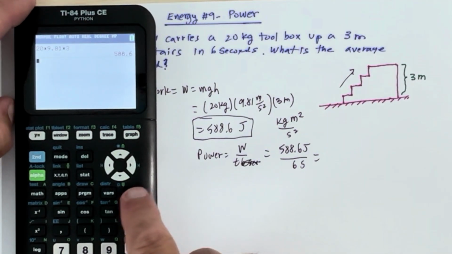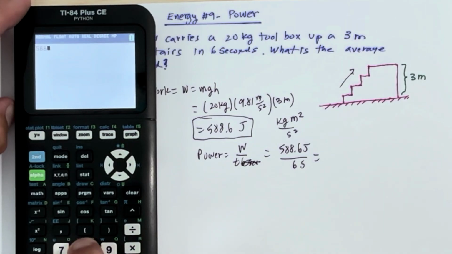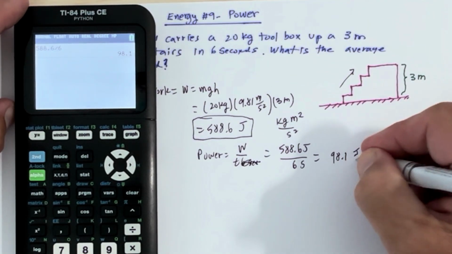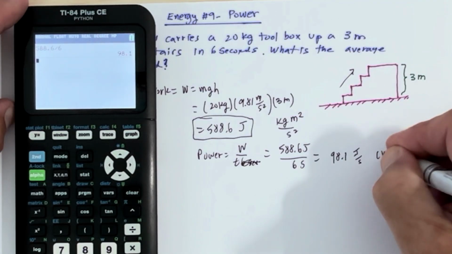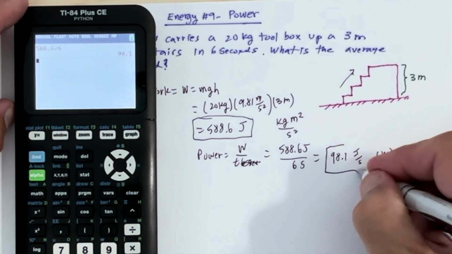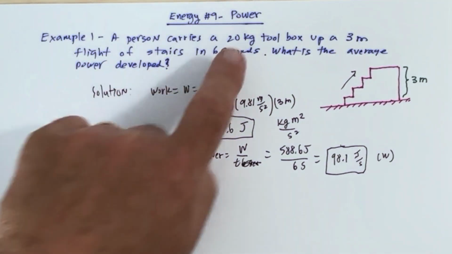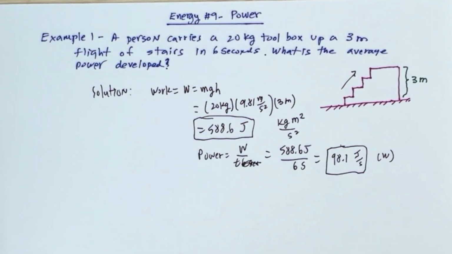Clear the calculator again. 588.6 divided by 6, enter. That's equal to 98.1 joules per second, or watts. So that's how much power was required to carry this box of tools up a 3-meter flight of stairs, about 9 or 10 feet. So there's our first example.